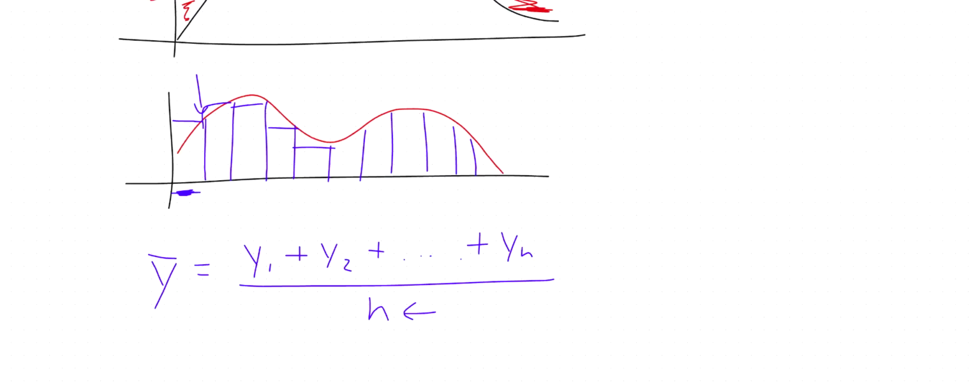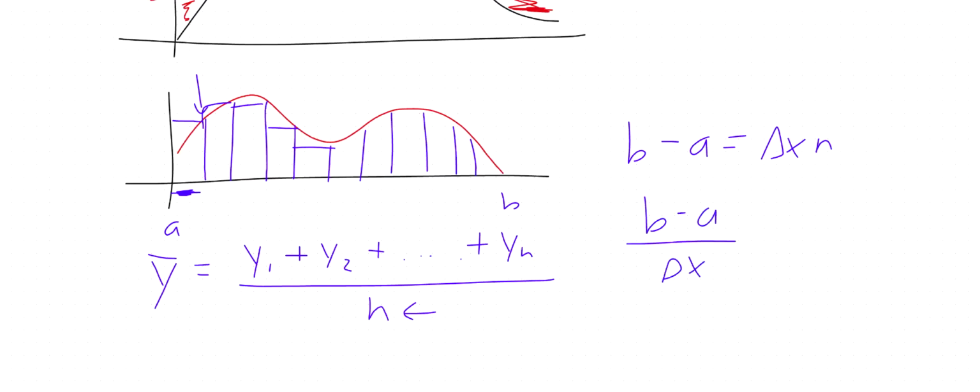But now if we divide these into equal partitions, going from some a value to b, then b minus a is the distance of each gap times the number of gaps. So b minus a divided by delta x would equal our n value.